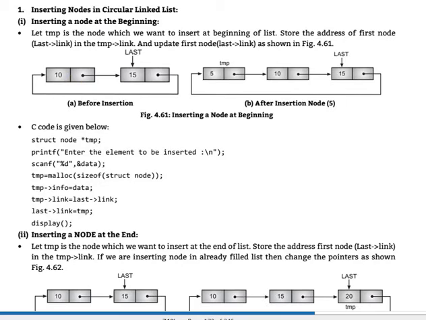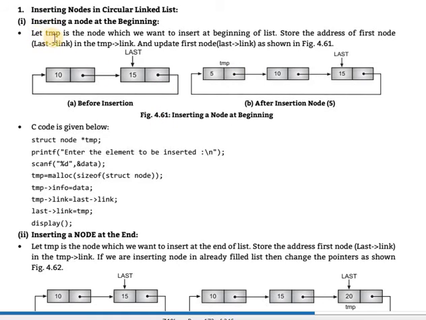Next point, inserting nodes in a circular linked list. Under this there are 3 tasks, 3 possibilities, 3 scenarios. Inserting a node at the beginning: before inserting, and after inserting. That diagram is showing that.